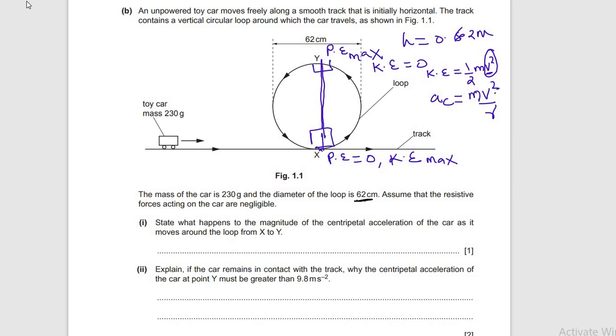Since velocity decreases from x to y, acceleration also decreases.